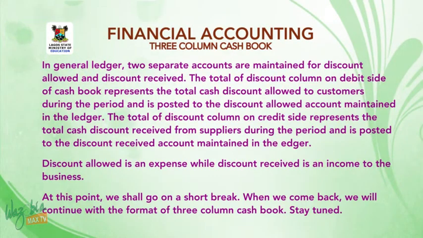The total of discount column on credit side represents the total cash discount received from suppliers during the period and is posted to the discount received account maintained in the ledger. Discount allowed is an expense, while discount received is an income to the business.